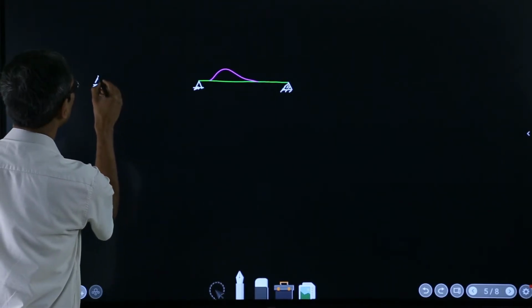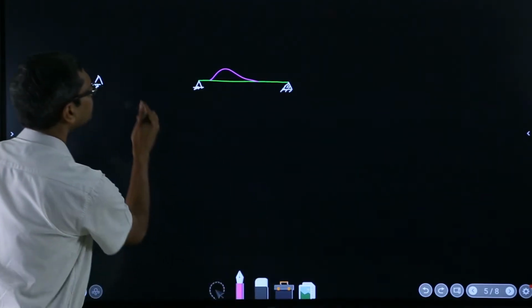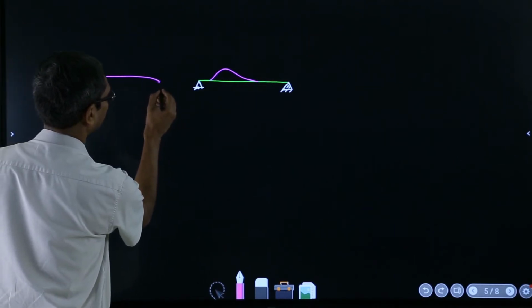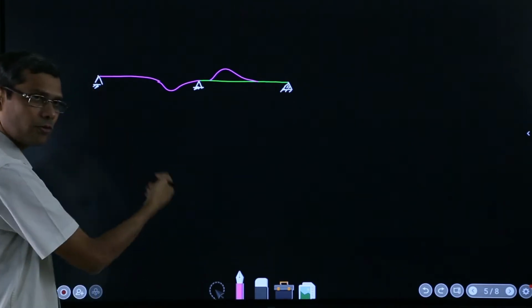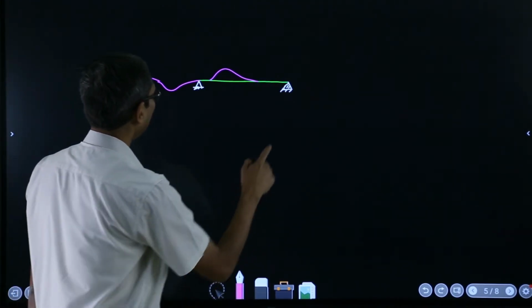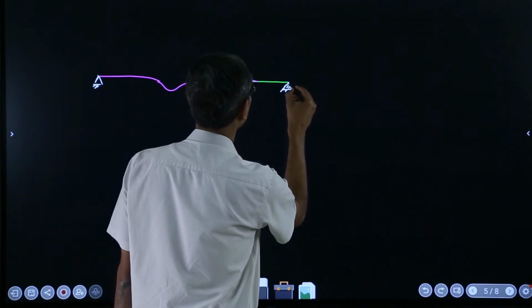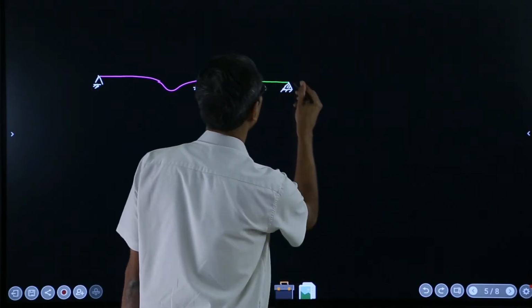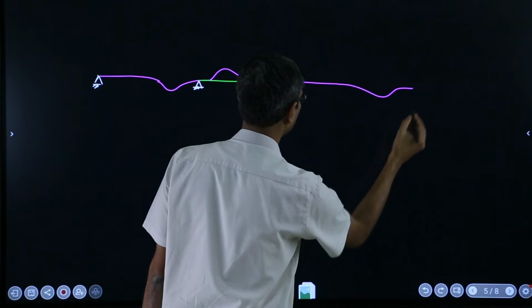Now here exactly it will be like this, that is required for the left hand condition, and this side it will again be the same like this.